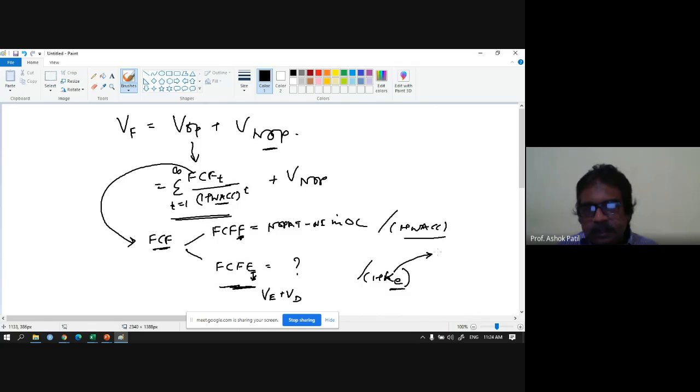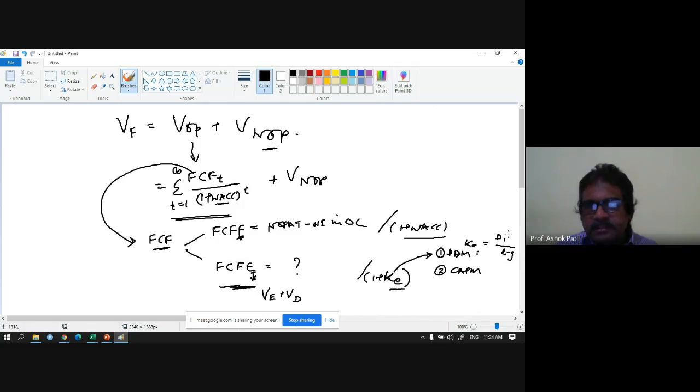You can calculate cost of equity using the dividend discount model, which we studied in the previous course, or you can use the CAPM. The dividend discount model says KE is equal to the dividend divided by R minus G.